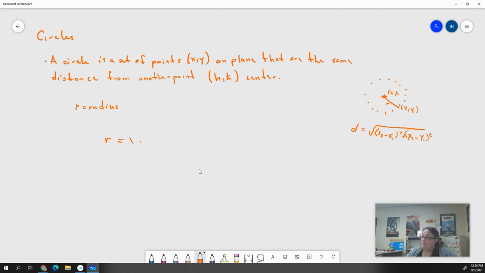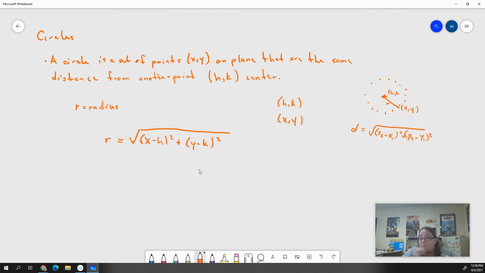If I look at this, I have my 2 points: my center, that's (h, k), and my other point that's (x, y). So I know that I could go the square root of (x minus h) squared plus (y minus k) squared, using those 2 points. Does that make sense, if I'm using the distance formula?